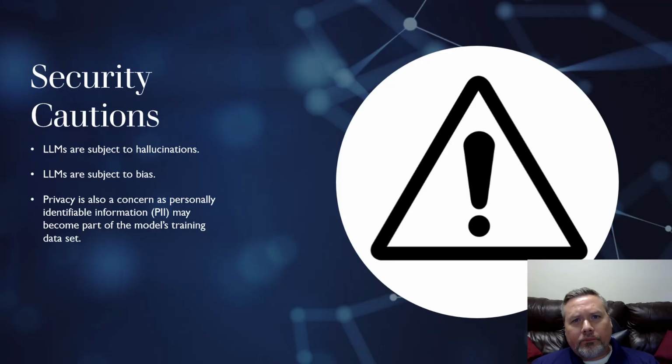All right, some security cautions. These are just some things in general about large language models that you need to know before we start getting into demonstrations, because we're actually going to use AI today, and hopefully you can see some demonstrations about how this is done. First of all, just note that AI is designed to answer your questions.